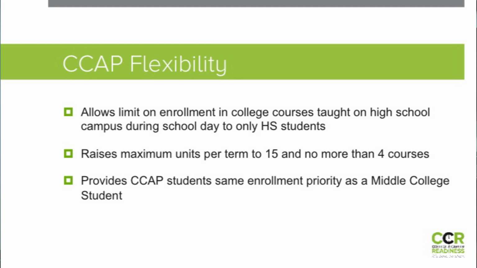This is a biggie. This is a big one because it really allows our high school students that are enrolling in these courses a fighting chance to get the courses that they really need. So those are three biggies, real big changes, and really what differentiates a CCAP dual enrollment agreement from a dual enrollment agreement in previous and existing law.